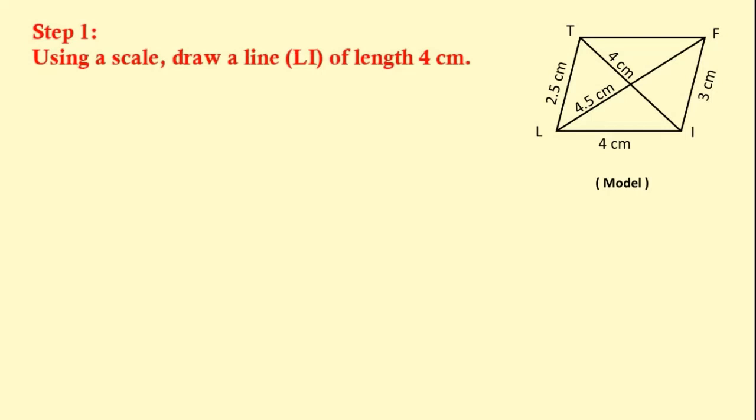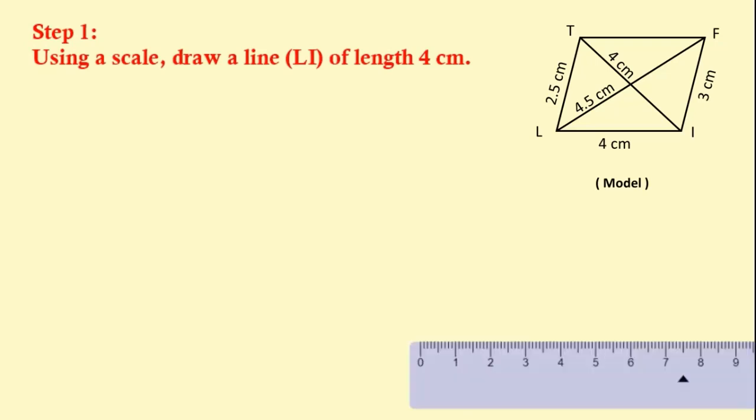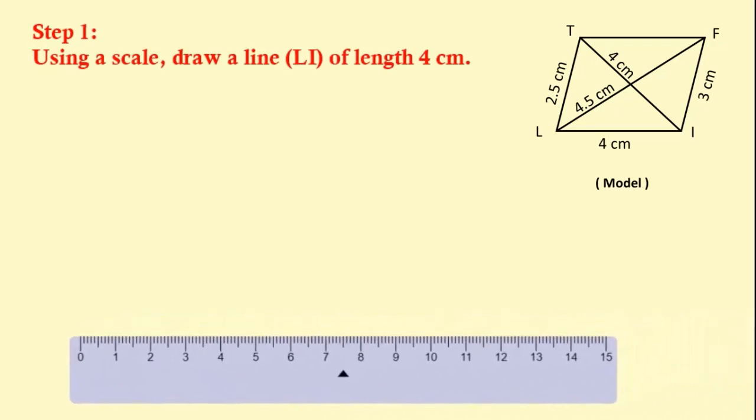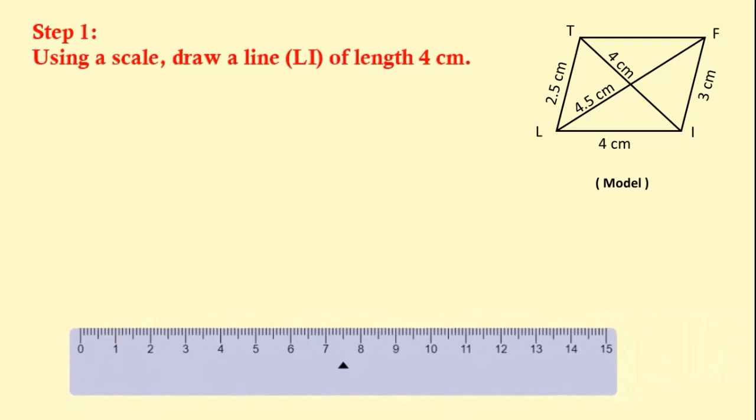Now let us construct the quadrilateral step by step. So first of all, we see the rough sketch. In the rough sketch, the length of the side of the quadrilateral which is at the bottom is given 4 cm. So now we take a pencil and a scale, and at the center of the page we draw a line of length 4 cm.